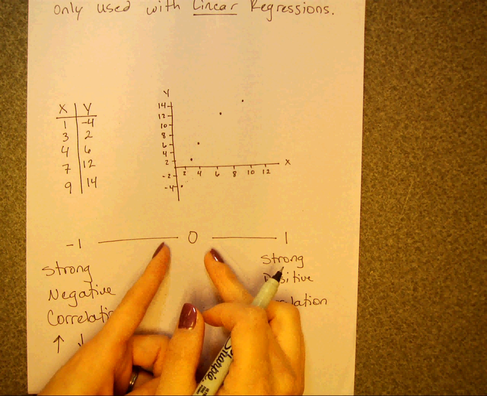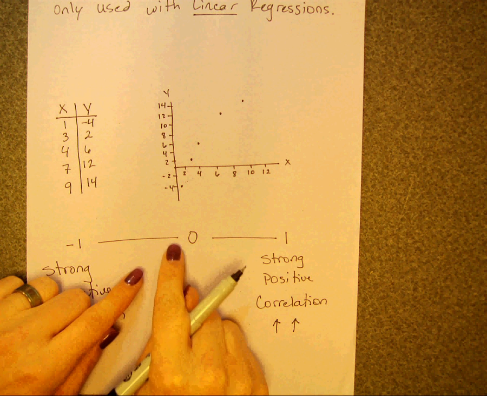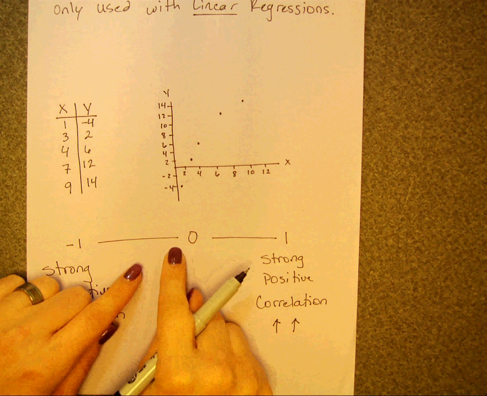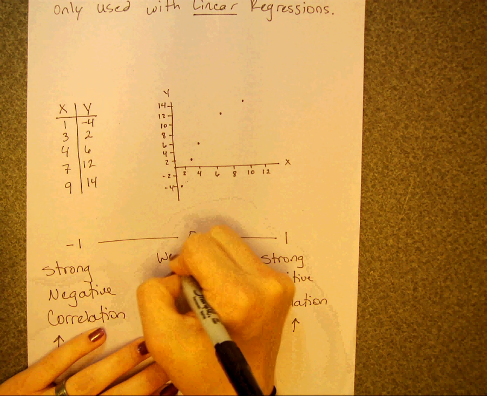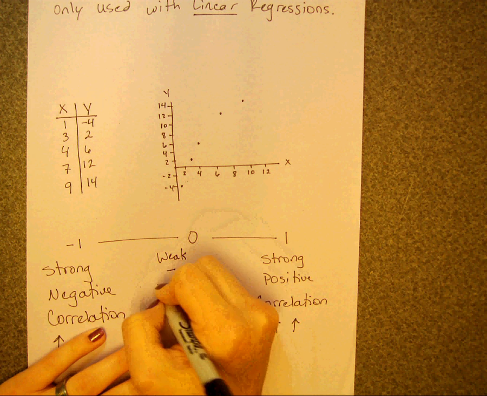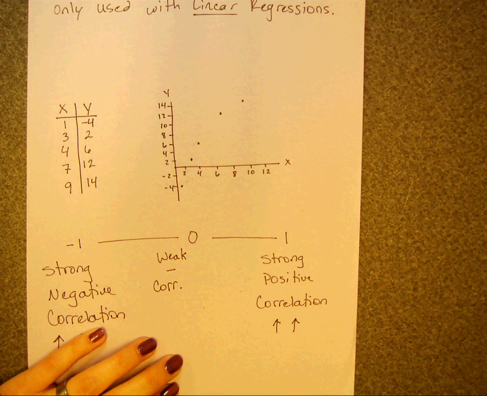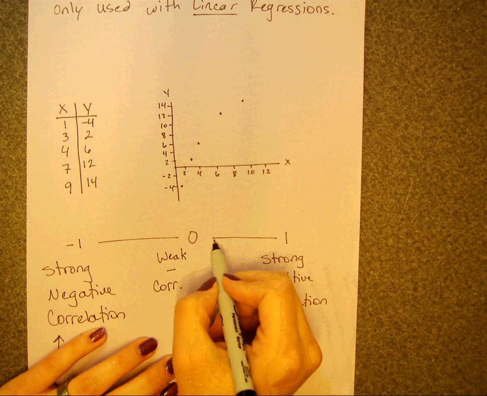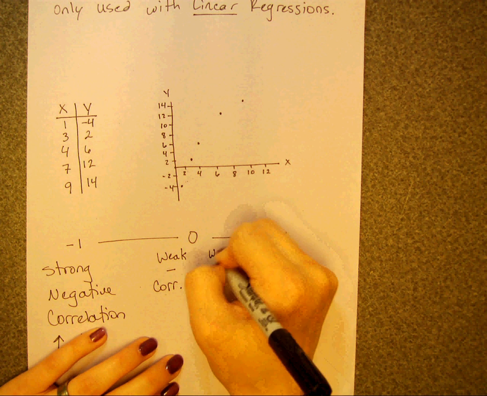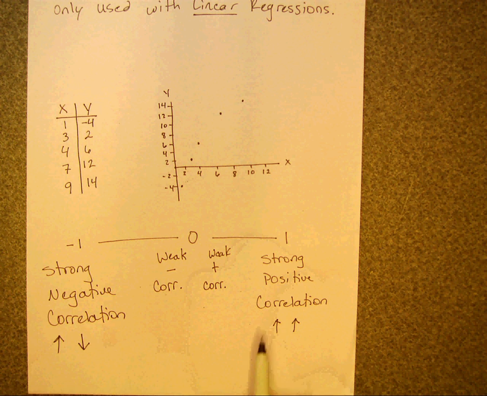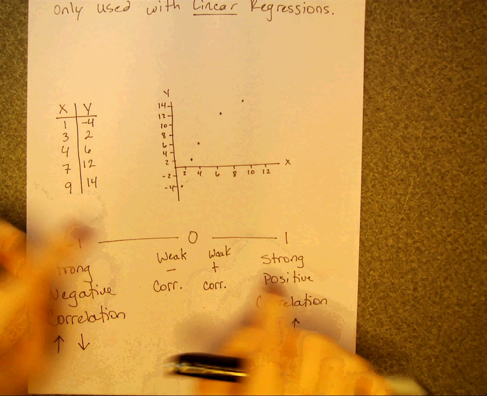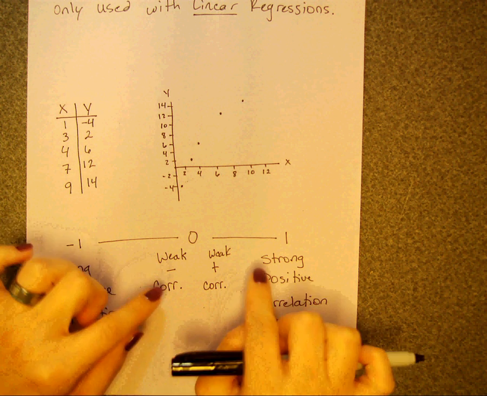If I have a negative value that's really close to 0, I have a weak negative correlation. The closer I get to 0 on the positive side, I have a weak positive correlation. Again, it may fit it to an equation, but it's not going to model it very well.